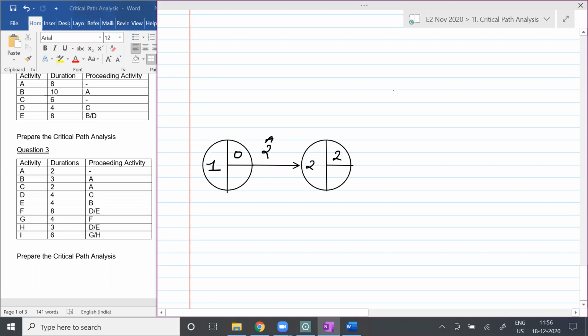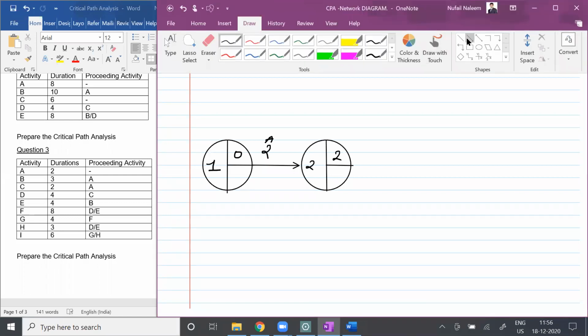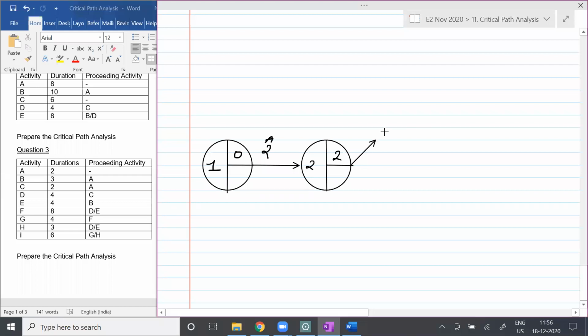So if A is completed, then you can go ahead with 2 activities. What are the 2 activities, students? One is B. And B will be taking how many days, students? 3 days. Agree or not agree, Malik? And similarly, if you observe, C will be taking how many days, students? 2 days.